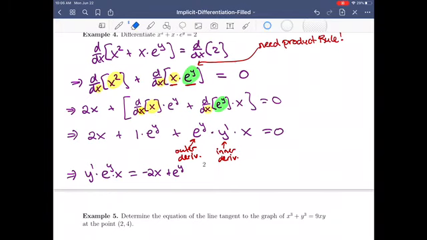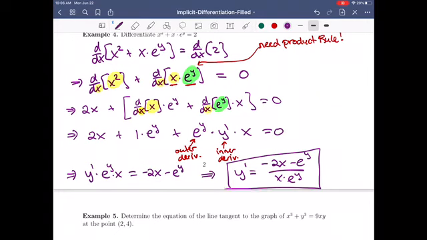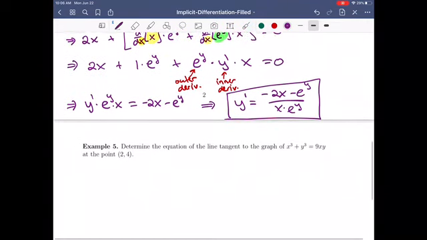I need to subtract both of them over. And now I can just divide by x e to the y to get that y prime is negative 2x minus e to the y over x times e to the y. So that's my derivative.